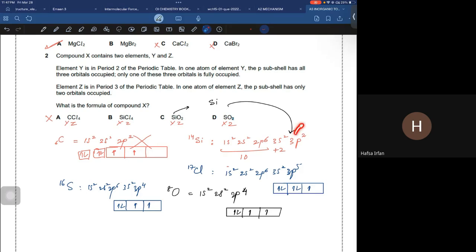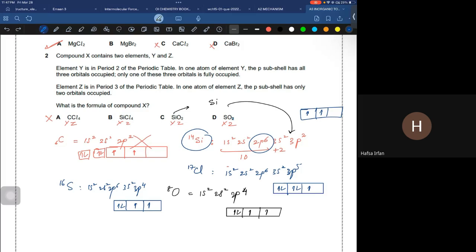And silicon's configuration was only 3p2; 3p2 means this is 1 and this is 2. Element Y is in period 2. In one atom of element Y, the p subshell has all three orbitals occupied. Only one of these three orbitals is fully occupied. Of course, this should be silicon because one p orbital is fully occupied.